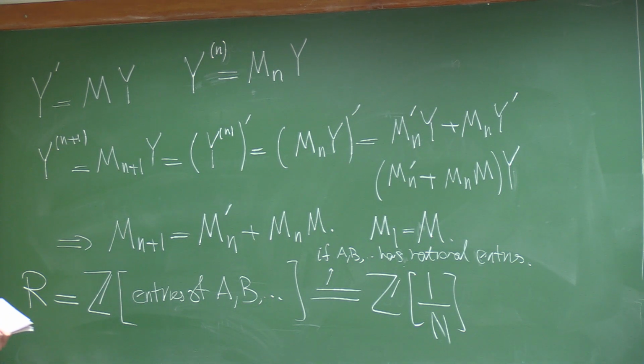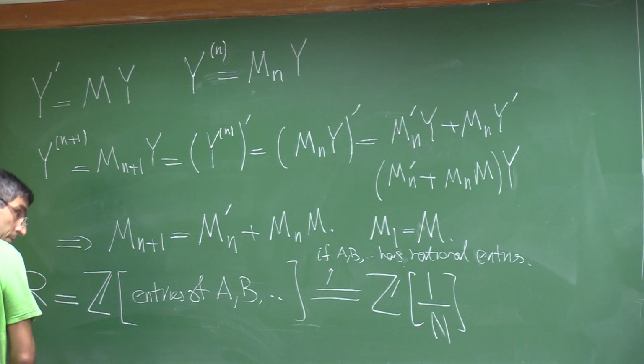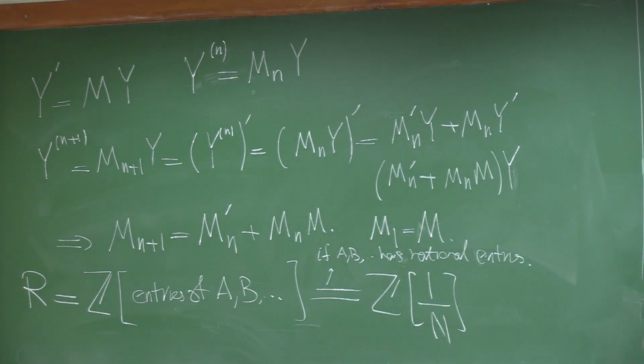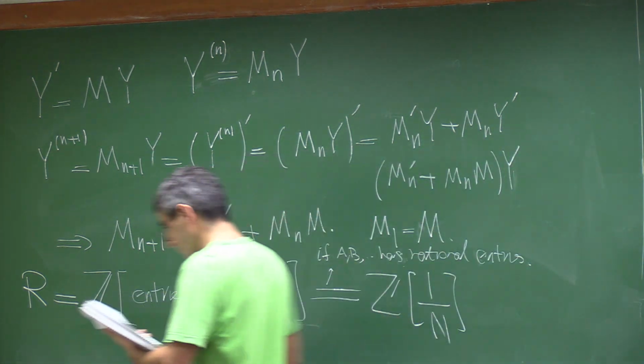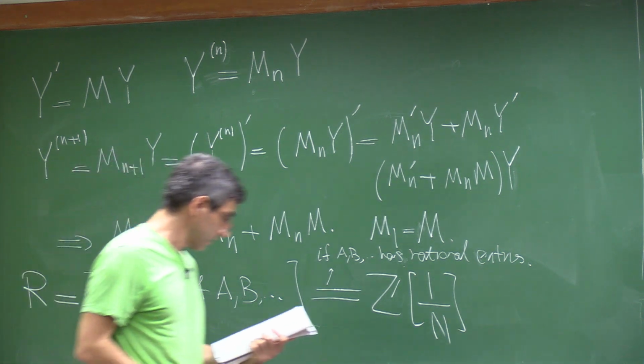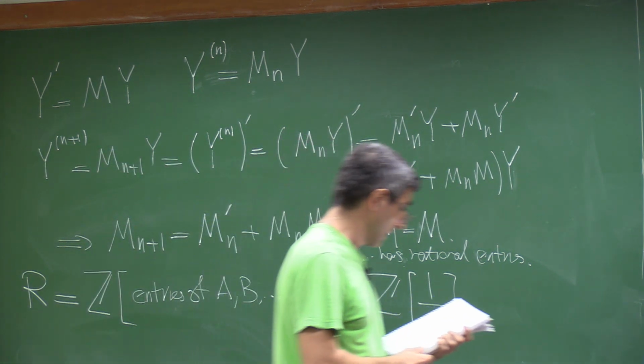So okay, let's try to write down the conjecture. Actually, the proposition, and then the converse of the proposition is the conjecture.